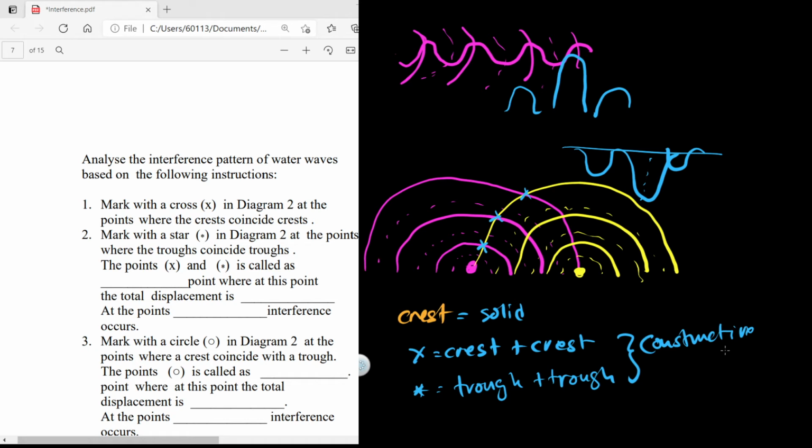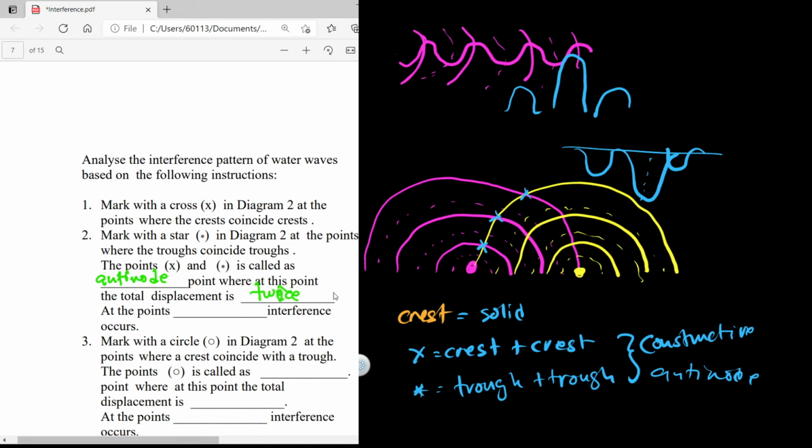So here is the constructive interference, where the point we call it as antinode. Okay, the name of the point is antinode. At this point, remember what will happen to the total displacement? Normally it becomes twice or maximum.